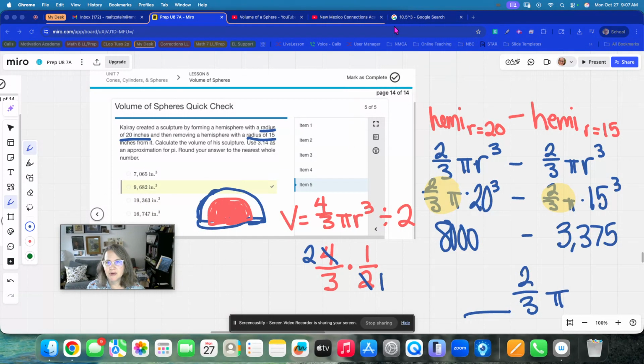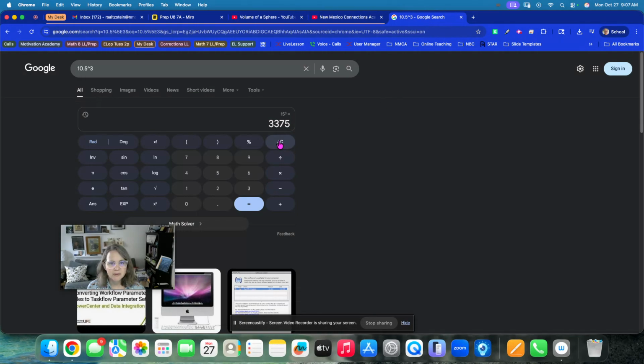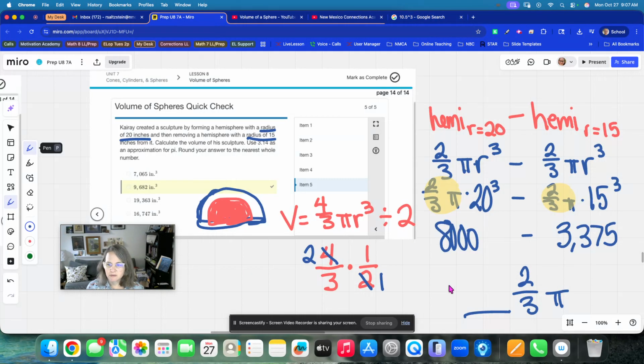So 8,000 minus 3,375 is 4,625. 4,625 times 2/3 times pi.